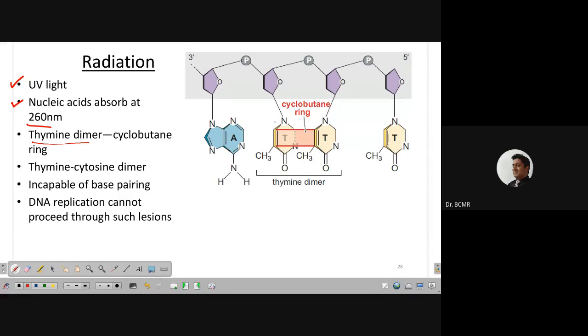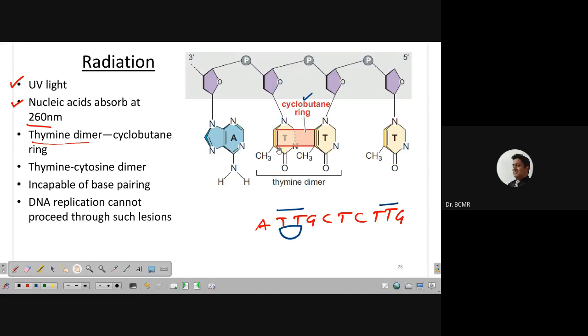Wherever you find two T's, say A, T, T, G, C, T, T, T, G. Say, for example, you have a sequence like this. You have two sequences here, right? TT and TT. These two can form a cyclobutane ring that is indicated here. That is a covalent bond formed between these two stacked bases. And it is a kind of damage to the DNA.